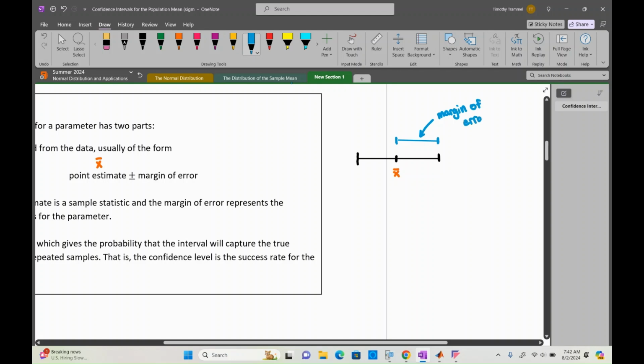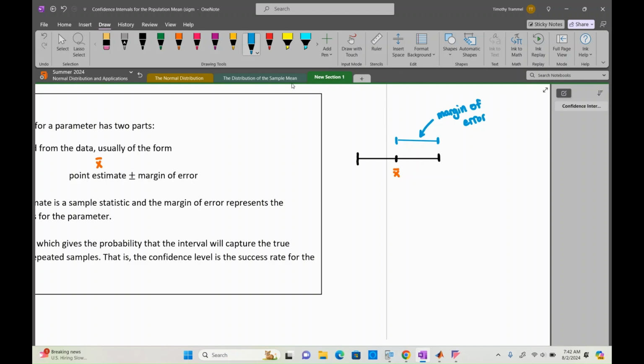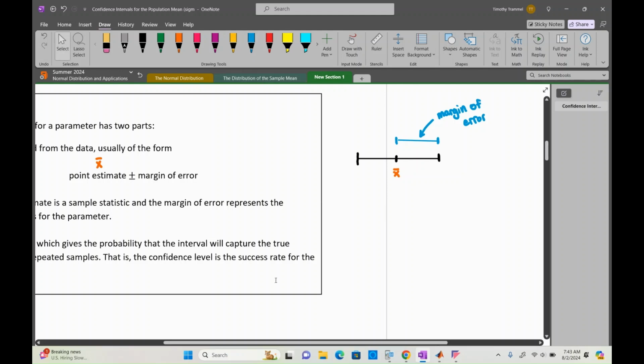We can pick this margin of error so that 95% of confidence intervals will contain mu, or we could adjust it to be a different width so that 99% of these confidence intervals will contain mu, and so on. Again, we'll cover how we come up with that margin of error in a little bit, but this is what they look like.